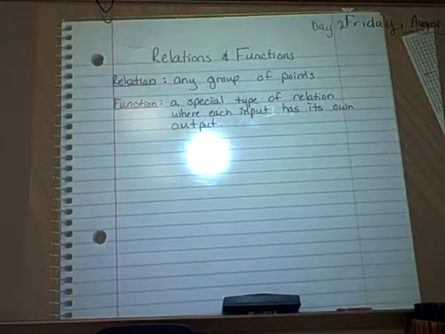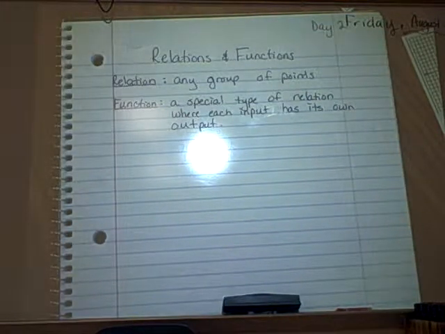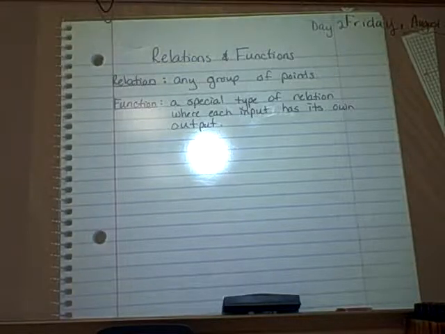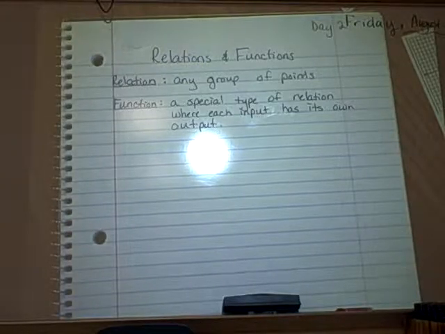And I'll explain that in just a second. Go ahead and write it down. Where each input has its own output. Could you repeat that again? It's a special type of relation where each input has its own output.